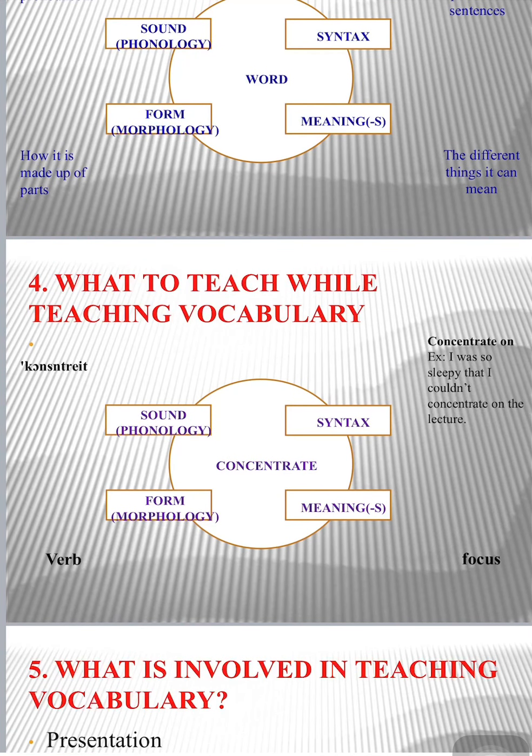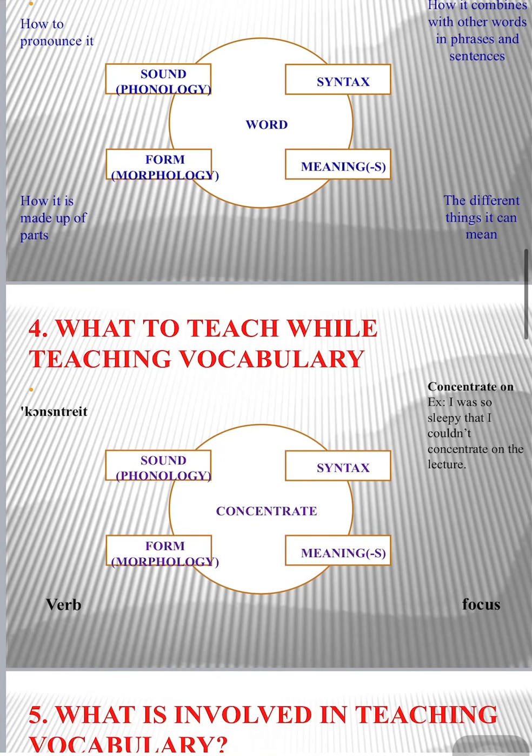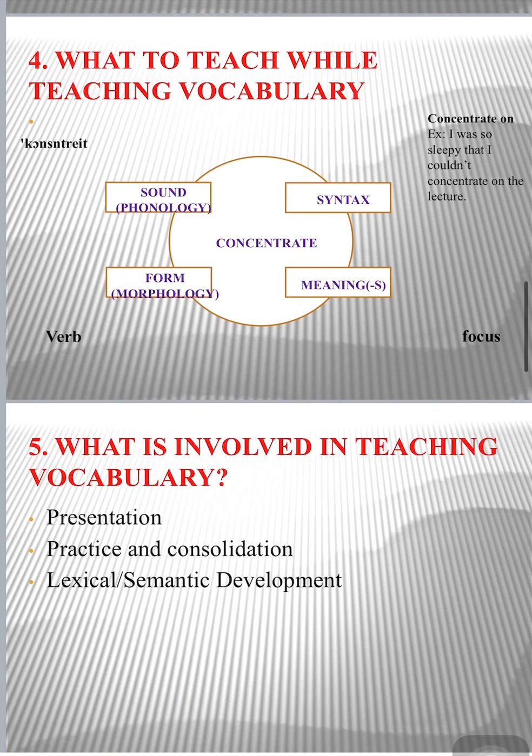For example, the word concentrate. The first thing is the sound. We can look at the IPA and know how to pronounce it. Concentrate, and we stress the first syllable, concentrate. We also know the part of speech, and concentrate here is a verb.